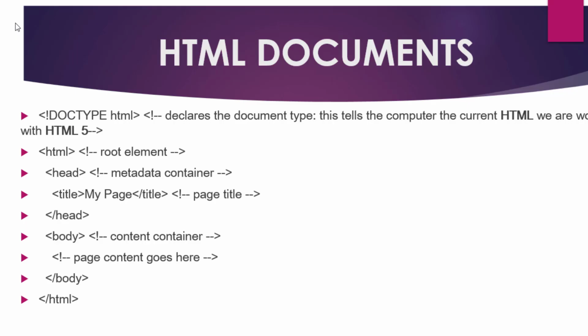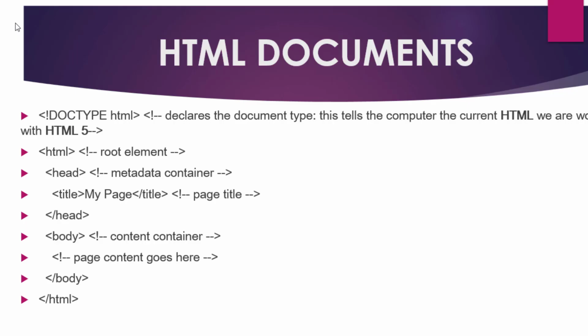So we have the body, just like your letter, where you put in your body, and just like your letter with your body that contains the contents of that letter, or the information you want to display on the internet. So those go into the body. All right, you might be wondering about the head and the body. Whatever goes inside the head is not being displayed on the internet, but is being rendered by the computer.